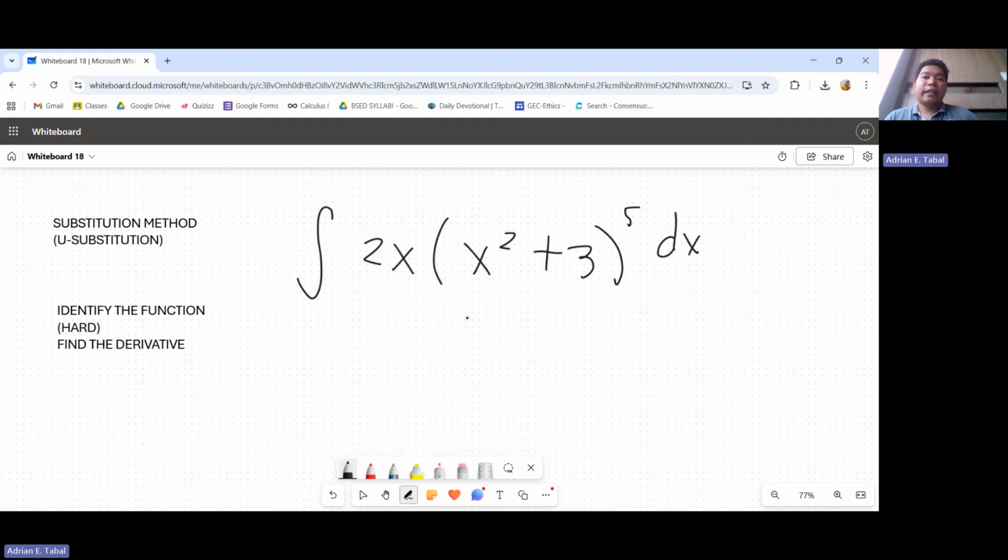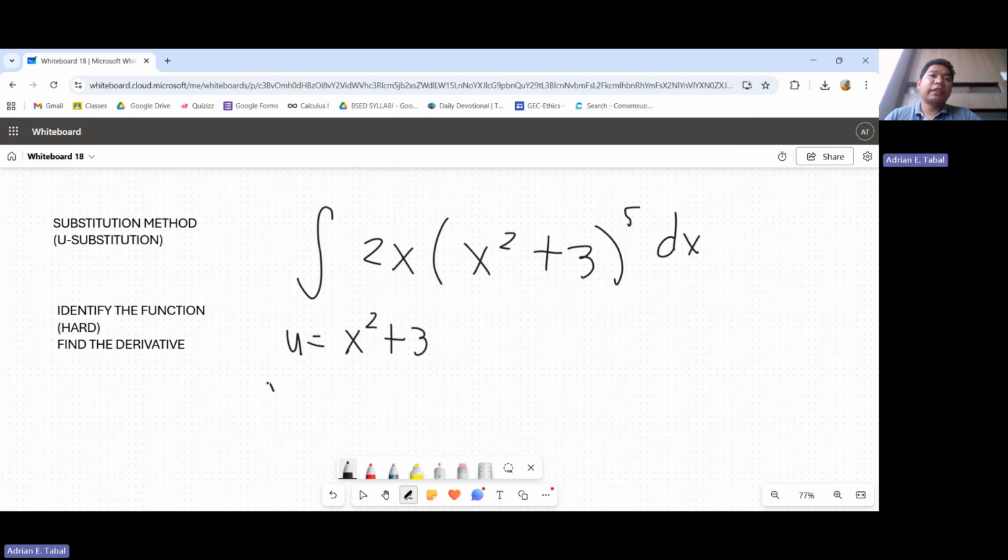So we can say that this function inside the parentheses will be substituted as our u. So our u is equals to x squared plus 3.